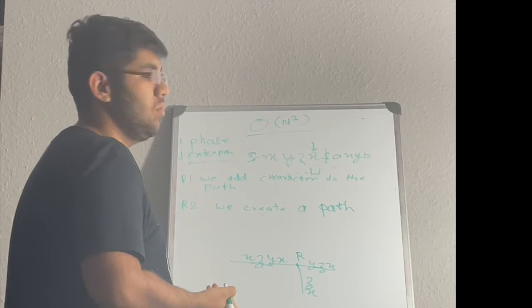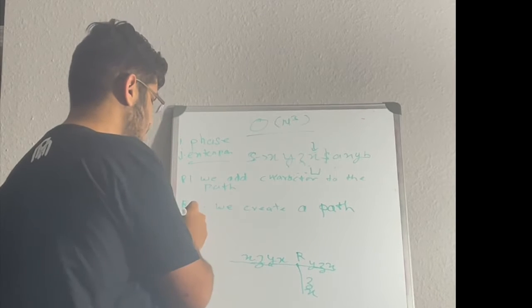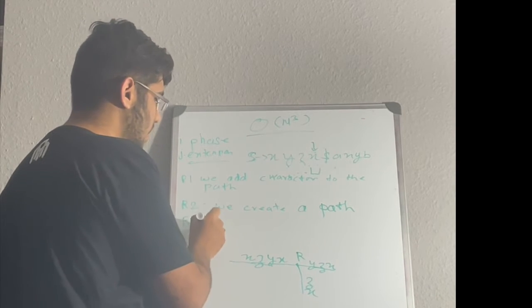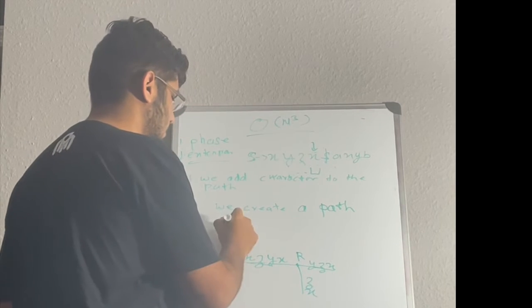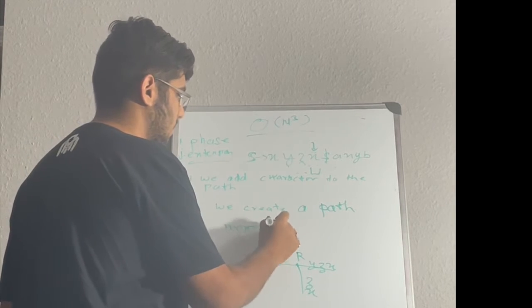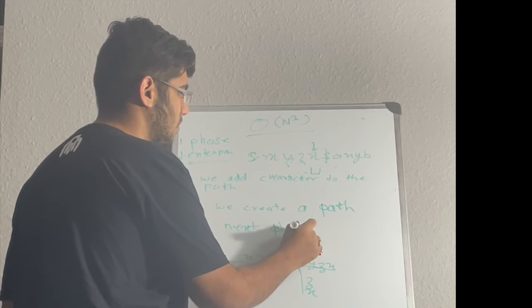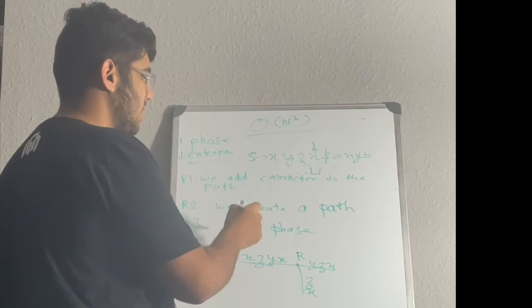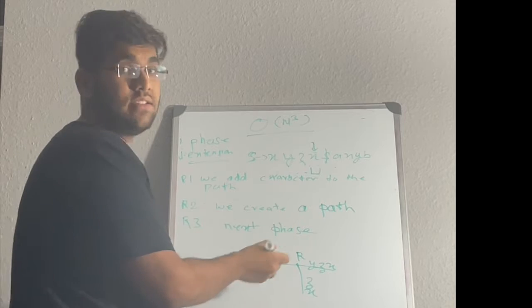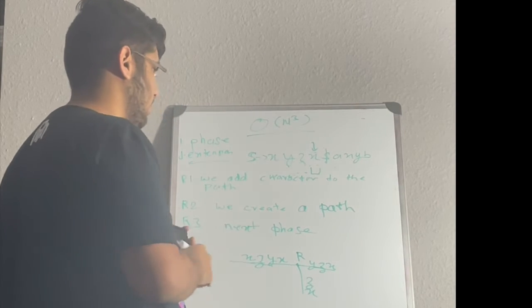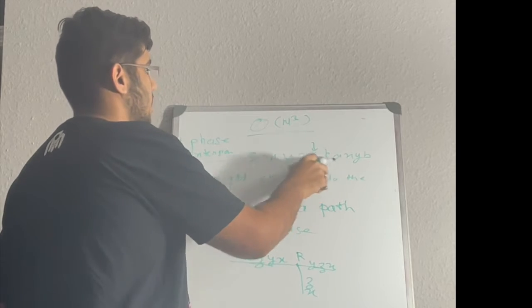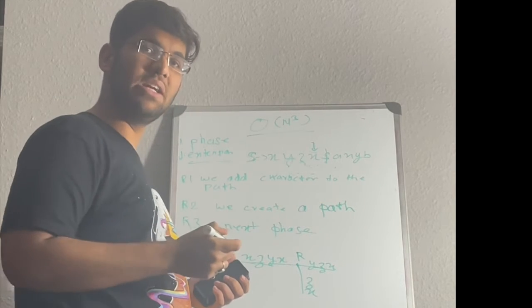So what do we do? In that case, there is rule 3, where we do nothing and move on to the next phase. So in this case, x is already there, we'll not do anything and we'll move on to the next phase. Rule 3 is basically a stopping criteria.